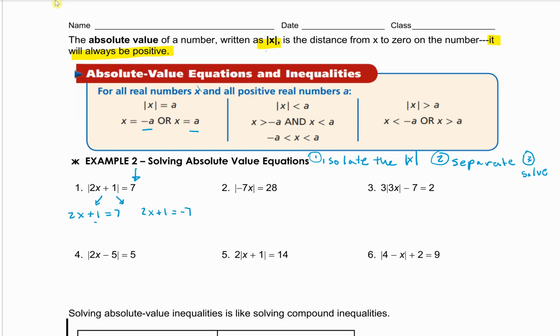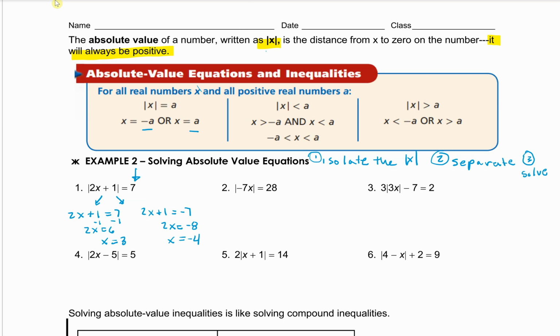So I'm going to subtract 1 here, so 2x equals 6, divide by 2, and x equals 3. Here I'll subtract 1, and that would be 2x equals negative 8, so then x equals negative 4.